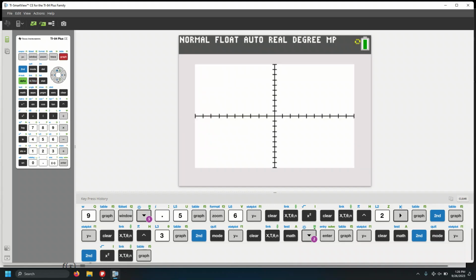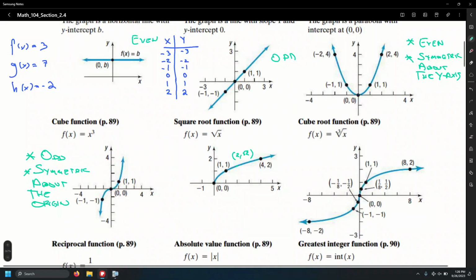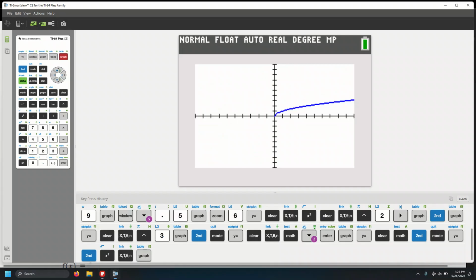All right, let's click graph, and that's going to give us something somewhat similar. It looks a little smashed compared to what we have in our notes. And the reason for that is the aspect ratio of our graphing calculator. The screen is not perfectly square, it's actually more rectangular.